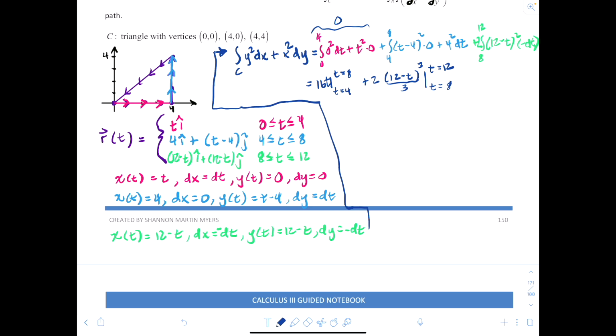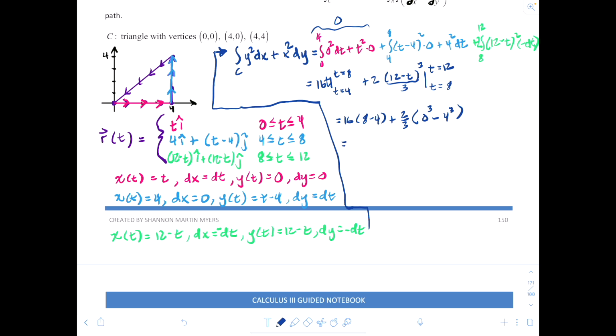Okay, sorry, I lost my dividing line here. All right, so now that will be 16 times 8 minus 4, and then plus 2/3 times 12 minus 12, which gives us 0 cubed, and then 12 minus 8 is 4, so minus 4 cubed, which is 64.